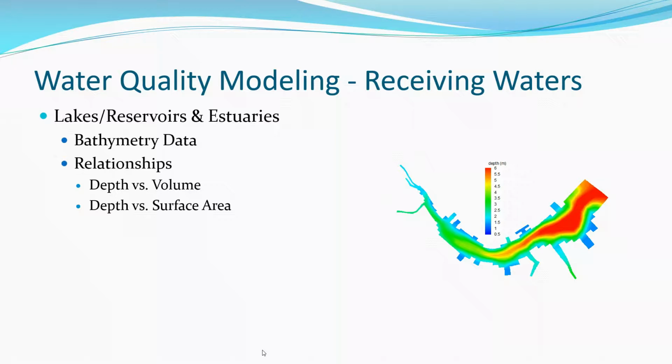Typically, you've got to go to site-specific sources to find specific data. But bathymetric data for reservoirs and such can be found at the Corps of Engineers or TVA or whatever authority is operating the reservoir. For estuaries, NOAA navigational charts can be used to develop bathymetric relations.